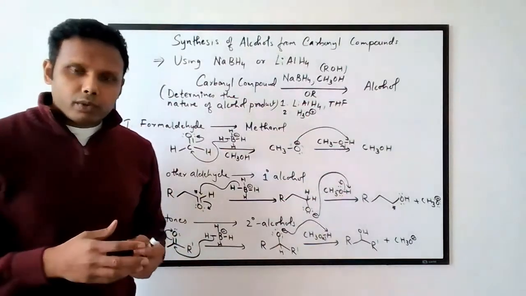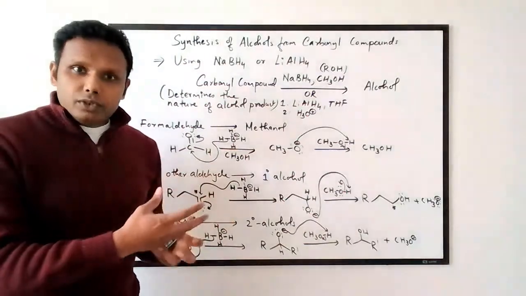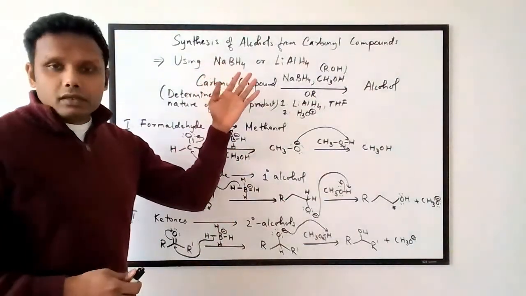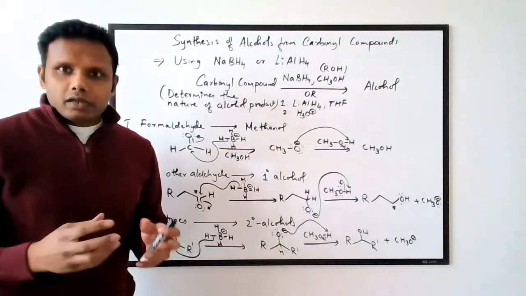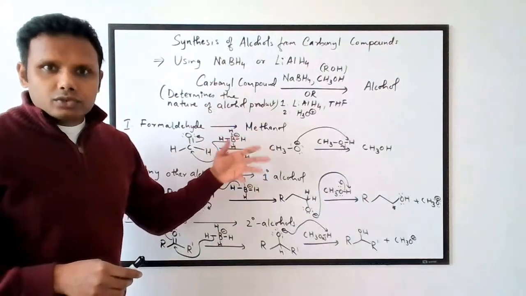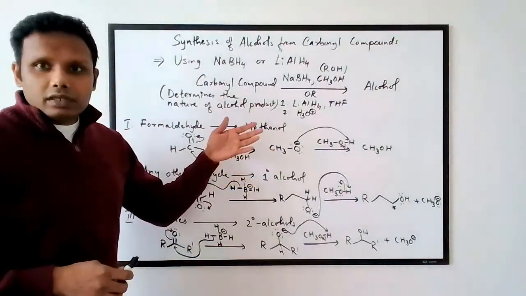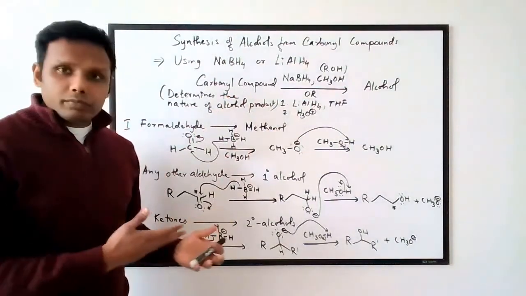And this is very important because we're going to be learning another class of nucleophile that could attack carbonyl compounds and give you alcohols from there. And we'll notice that that's in stark contrast to what we see with the hydridic reagents. Okay, so I hope that was helpful.